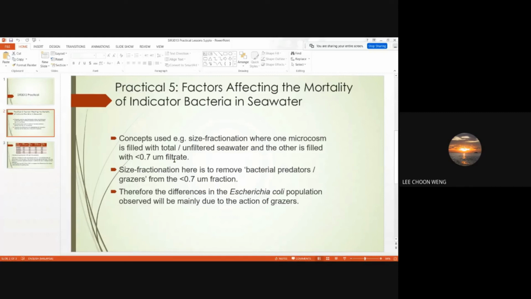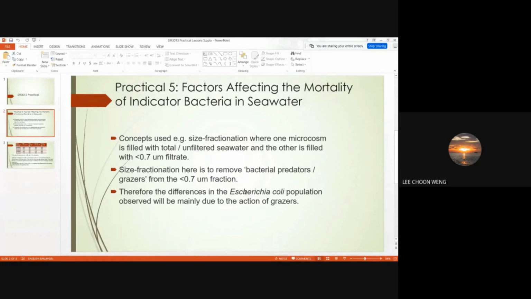Usually we do not consider it unless you are studying viral lysis. So you can explain that since the viral fraction is available in both, we can ignore it. So the main differences between the two fractions will be the action of protozoa and predators on the bacterial population.